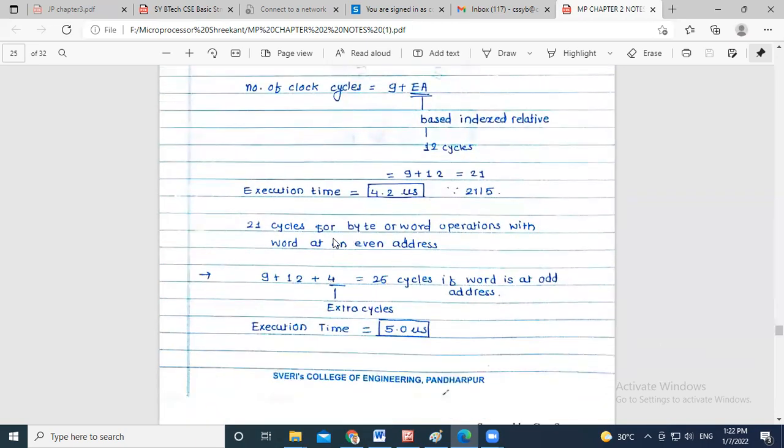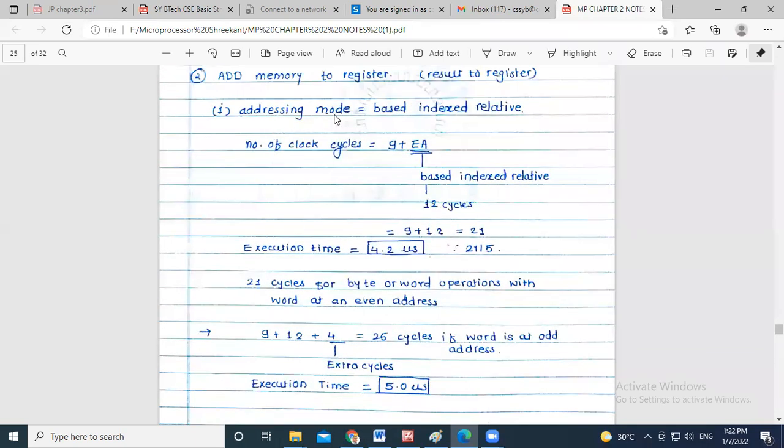And again you are going to find the total, the addressing mode 9 plus 12, as given in the example, and 4 is the value for the execution time. So totally 9 plus 12 plus 4 is equal to how much? That is 25.